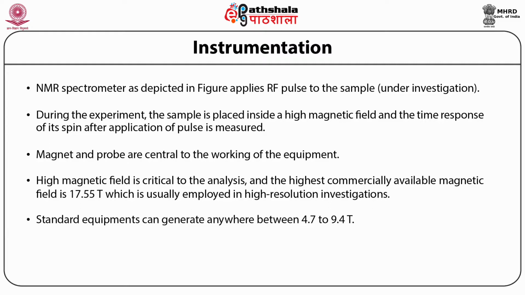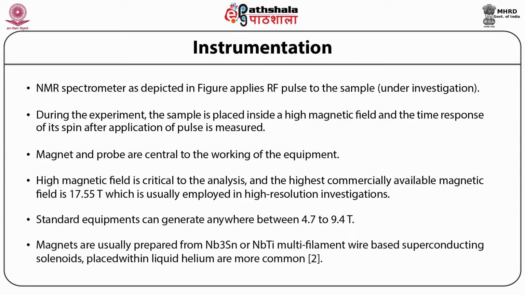The standard equipment can generate anywhere between 4.7 to 9.4 Tesla. The magnets are usually prepared from niobium tin or niobium titanium. Multifilament-based superconducting solenoids placed within liquid helium are more common.